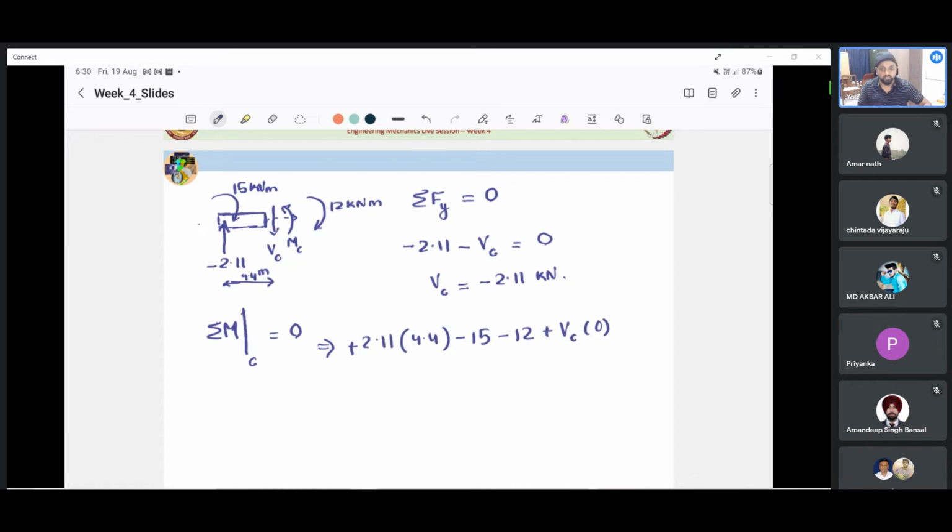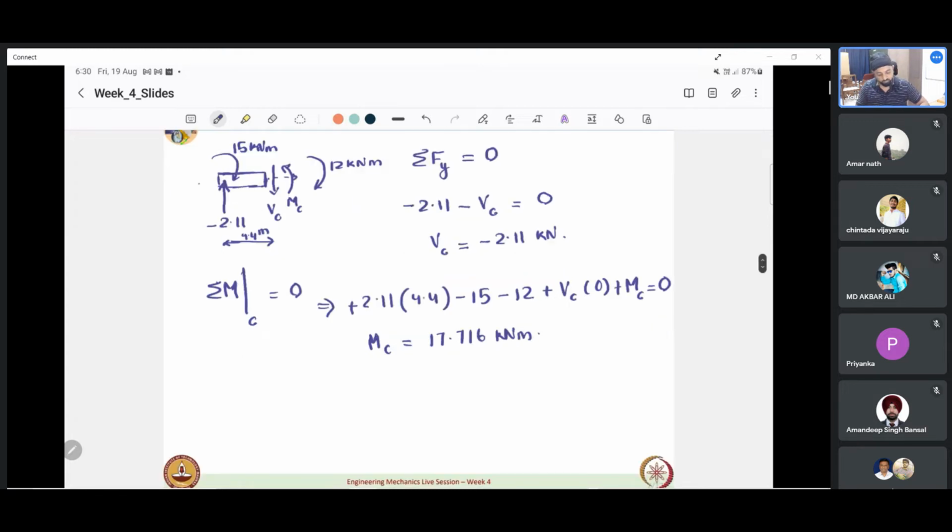MC is applied in the anti-clockwise direction, which is positive, equals 0. So what does MC come out to be from here? It comes out to be 17.716 kilonewton meter.